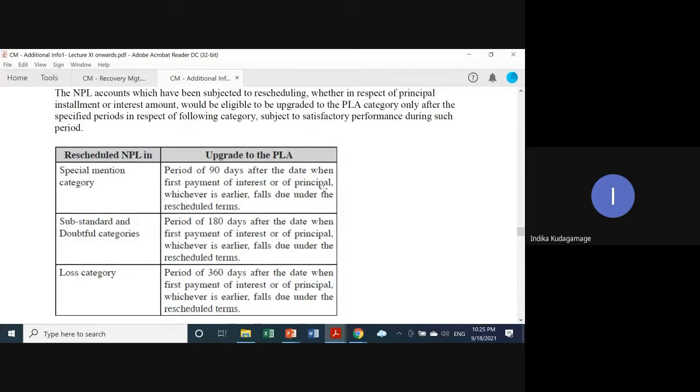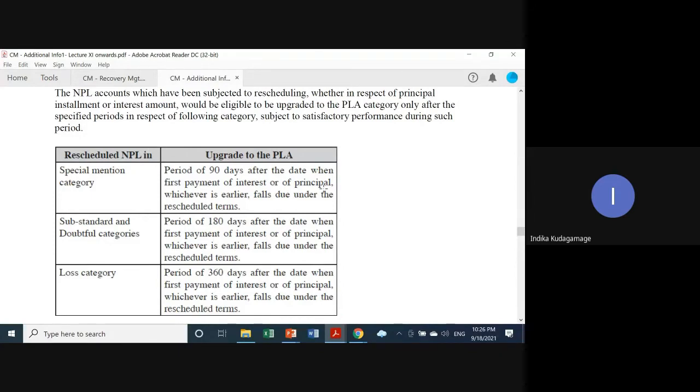Earlier there was a regulation like this. A customer has several facilities. If 30% of those facilities in value, not number of cases, in value goes NPL, the entire exposure goes NPL.